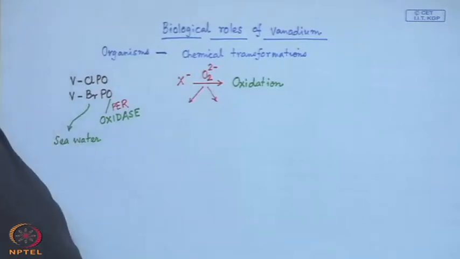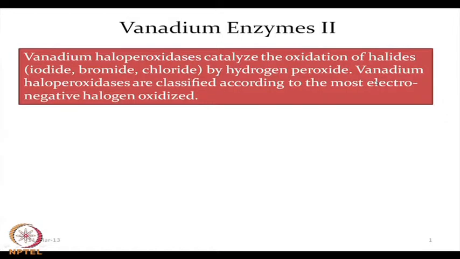So, these basically use the hydrogen peroxide, and vanadium haloperoxidases are therefore classified according to the most electronegative halogen oxidized. So, if they are oxidizing chloride, we call it as a chloroperoxidase. If it is oxidizing bromo, it is bromoperoxidase, like that. So, depending upon the electronegative halogen, that means the halide anion, they have the different roles.